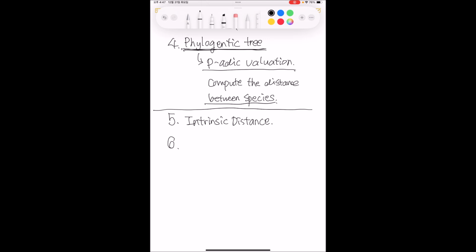And in the sixth lecture, I will mention statistical distance. As I know, Kullback-Leibler divergence in fact is not a distance, and the Wasserstein distance.